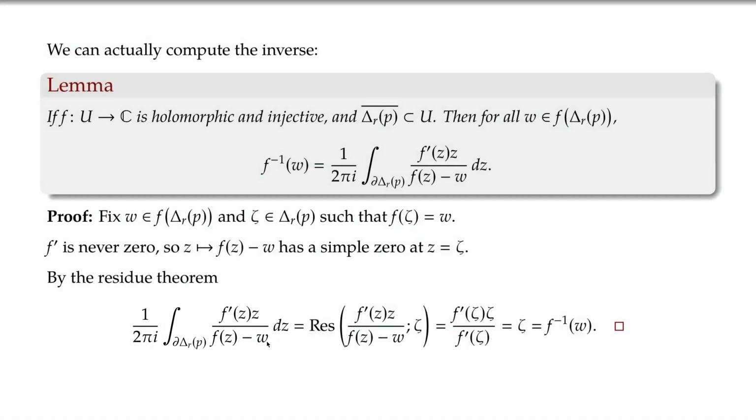All right, so this tells us that there is a really nice integral formula for the inverse just in terms of f and f prime, right? So if we know f, we can just stick it into this formula, and we have a formula for the inverse.